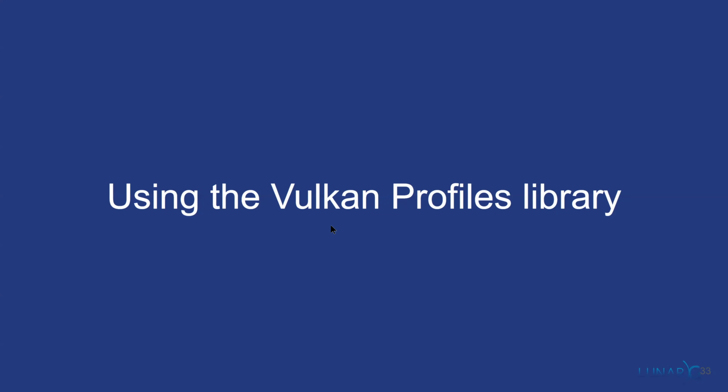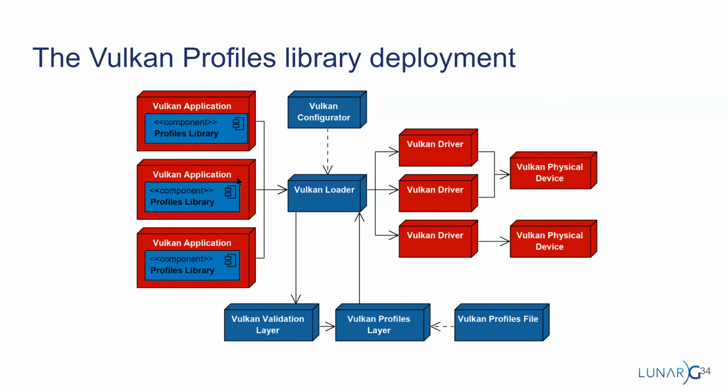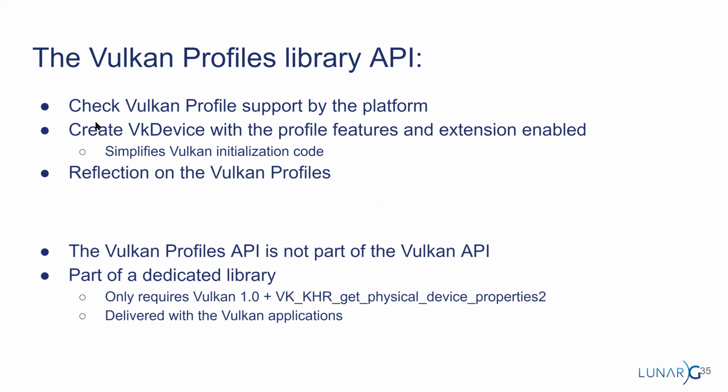So let's discuss now the Vulkan profile library. The Vulkan profile library is part of the application. It allows us to check that Vulkan profiles are supported by the platform. It allows us to create a VK device and instance with all the features and extensions specified by the profile enabled.